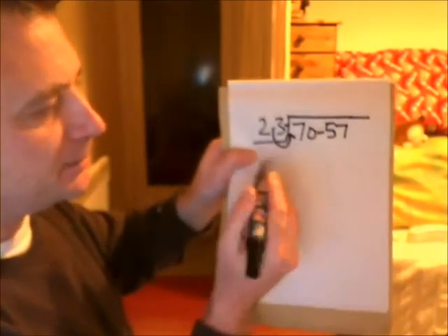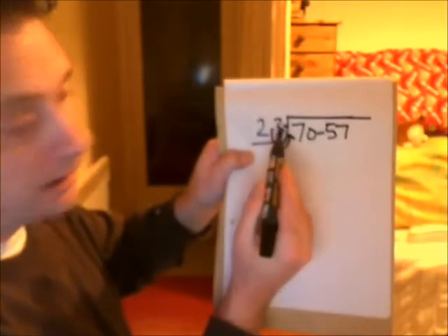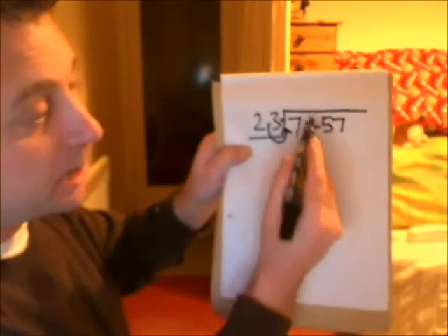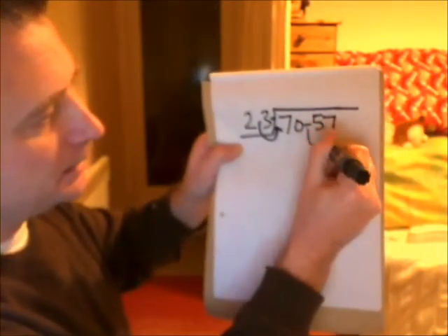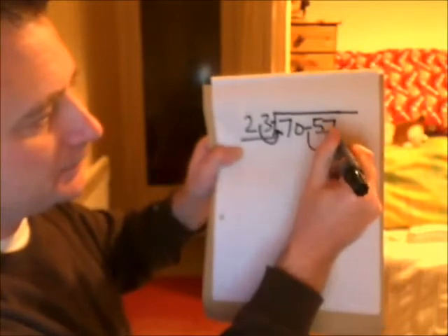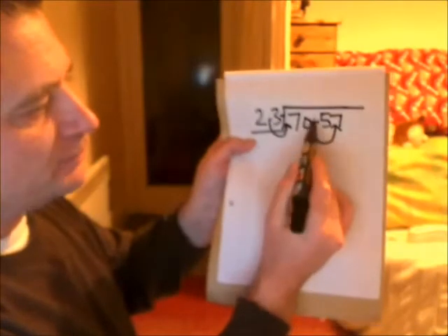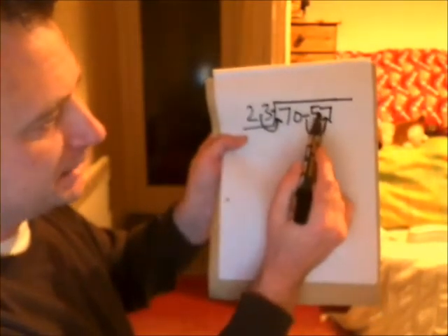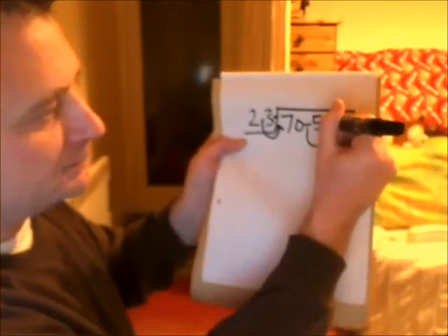Now, remember, if you're moving a decimal place from the divisor, you've also got to move a decimal place from the dividend. So the point moves from between 70.57 to this area here, between 5 and 7, but we don't put the decimal point in here.